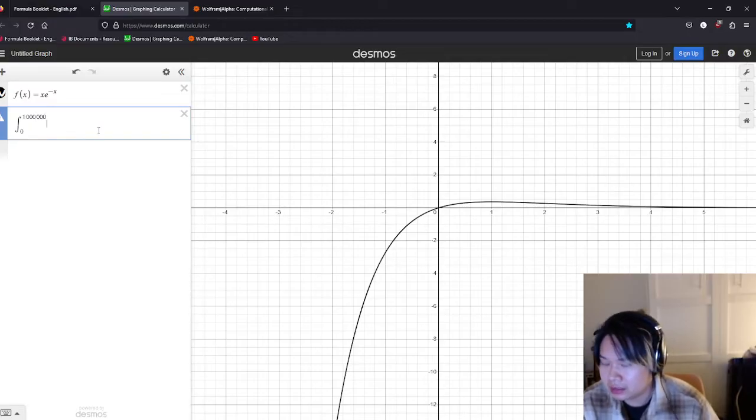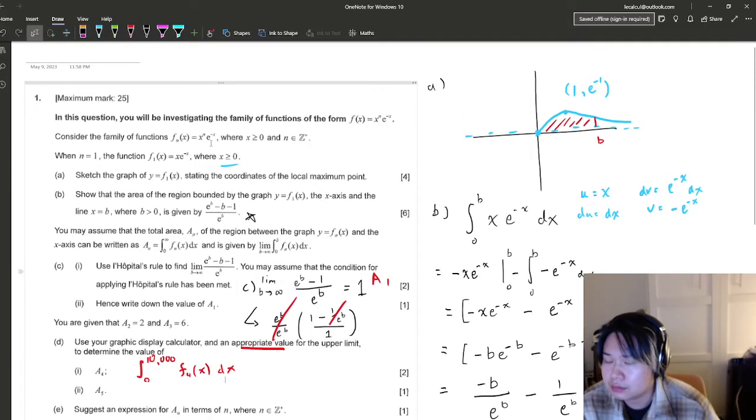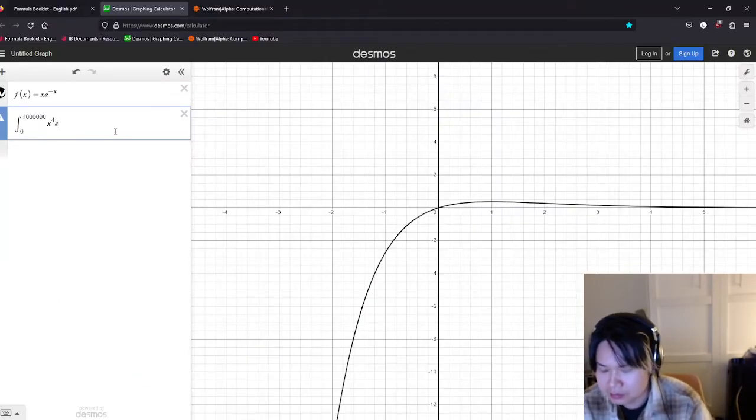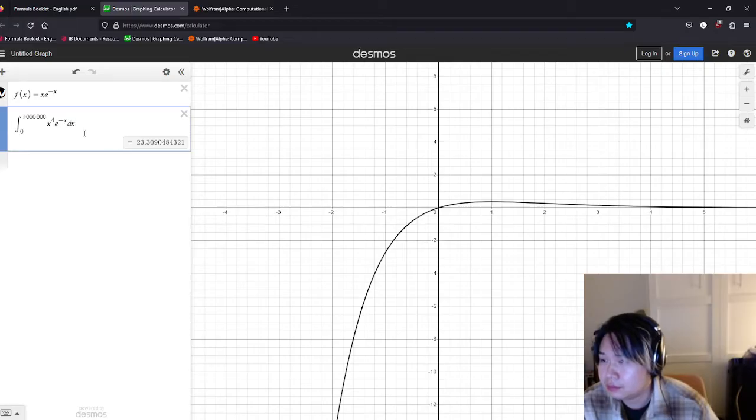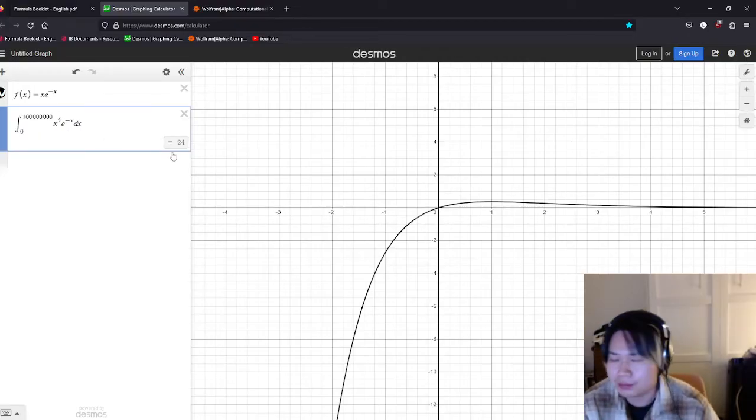And then my integral is x to the power of n, which is 4, times e to the power of negative x, dx. 23.3. So is it going to be 24? What if I add another 0? Oh, 24. And if I keep adding zeros, okay, 24.